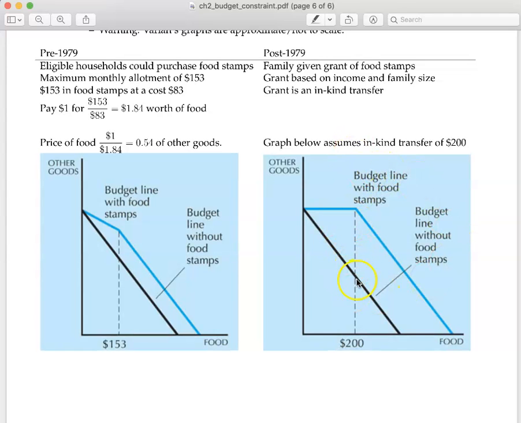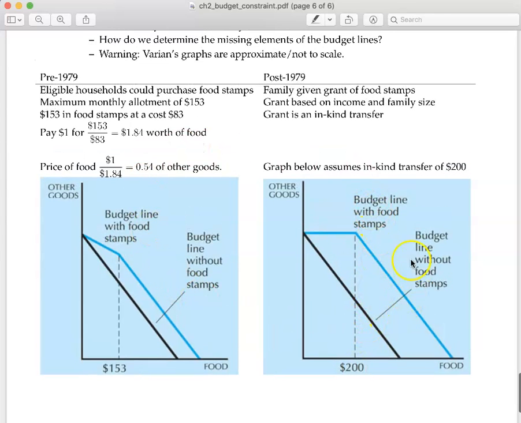And in the situation we're looking at here, for this family with that income and a family of four, the in-kind transfer was $200, right? So there's the outline; that's kind of what happened. We have some information on how the budget lines changed with the new program. But we don't have all the pieces of the puzzle filled in, right?